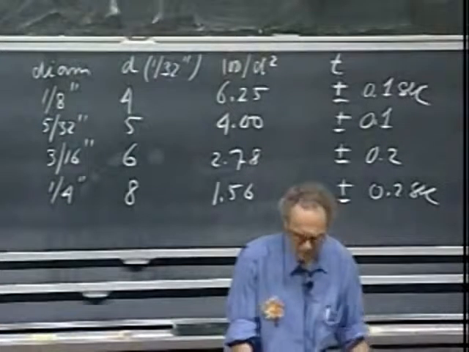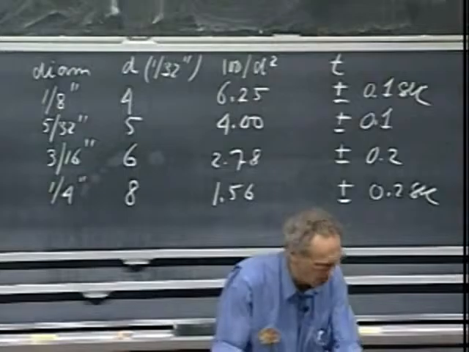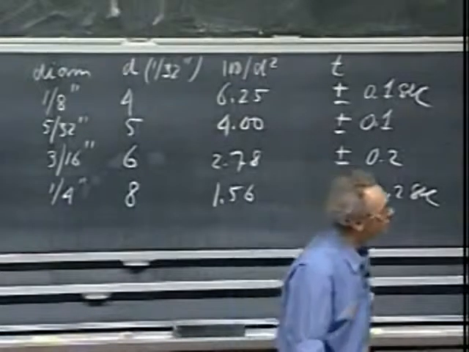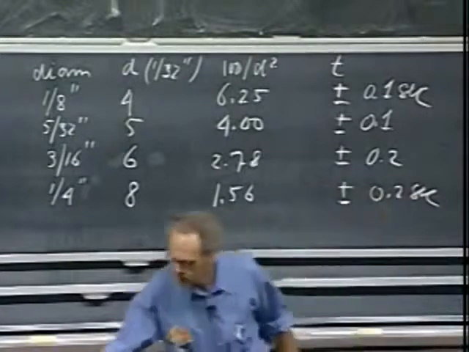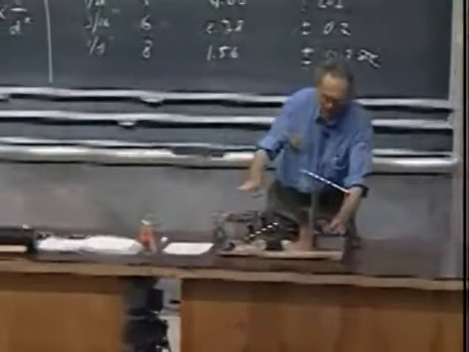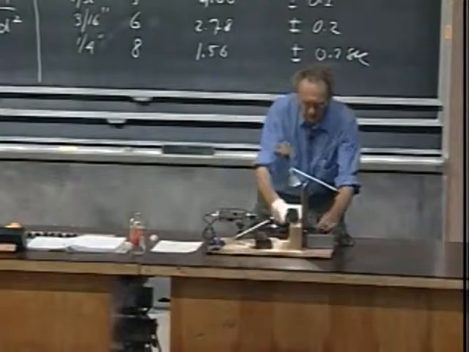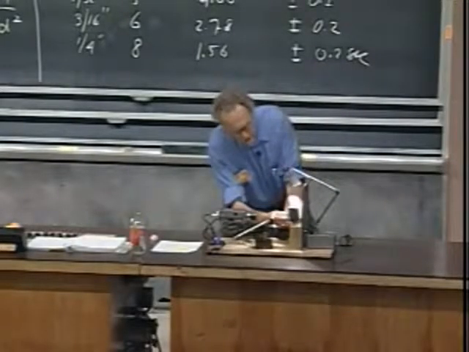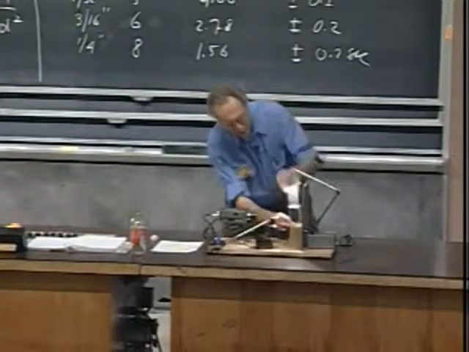All right, so now we can start the demonstration, and I'll have to switch to this unit here. Here is this container with the Karo syrup. It is very sticky indeed.